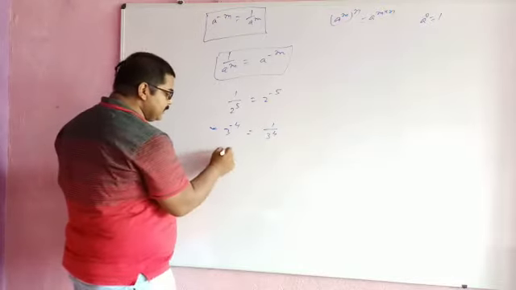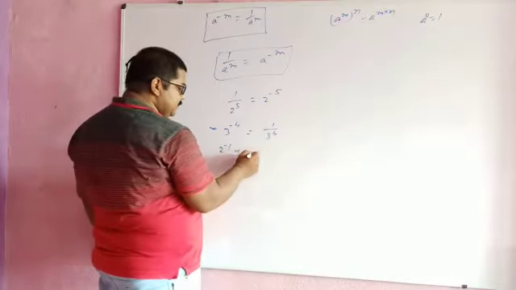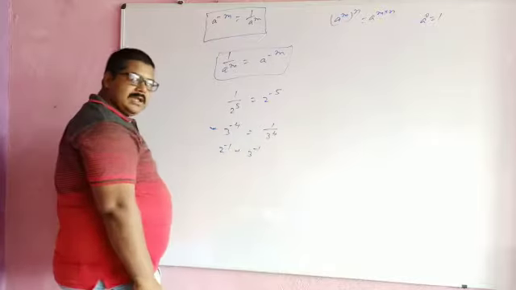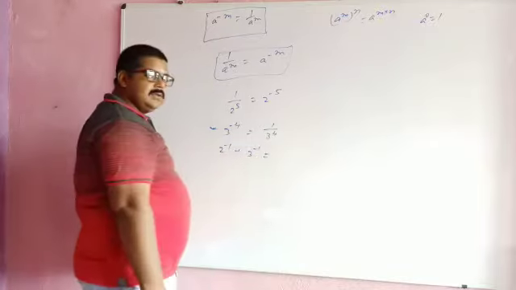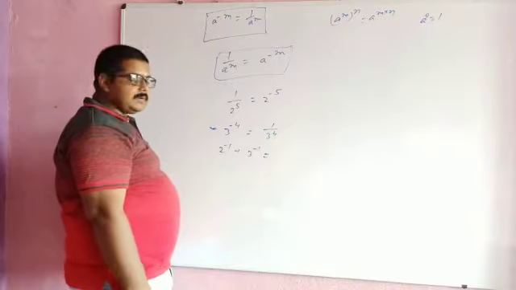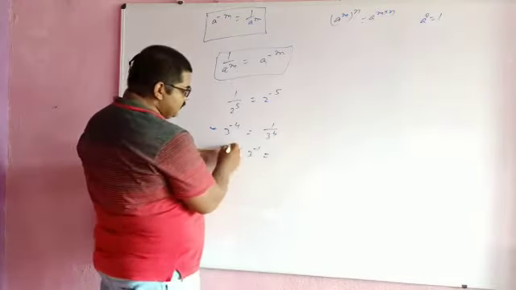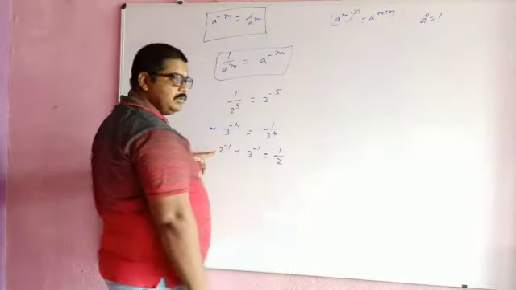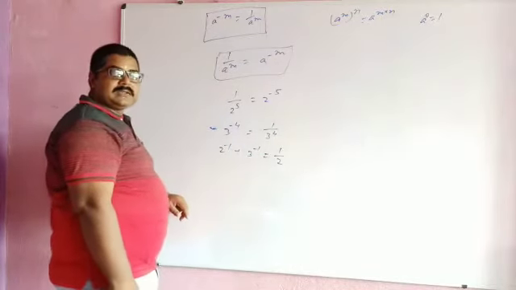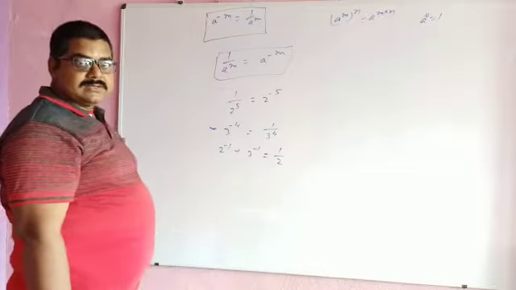Suppose 2 to the power minus 1 plus 3 to the power minus 1 is given, and you have to add. You have to utilize the above formula to solve this question. 2 to the power minus 1 is equal to 1 upon 2, because the power 1 is generally not written.